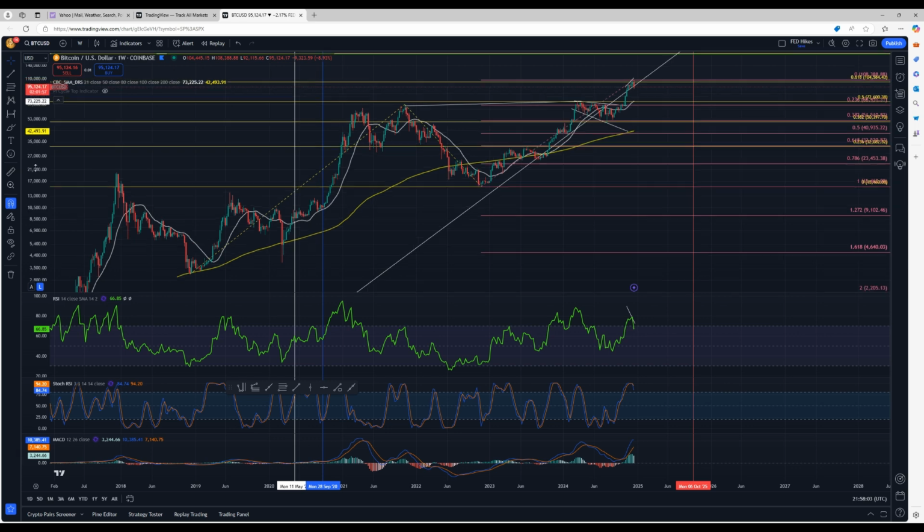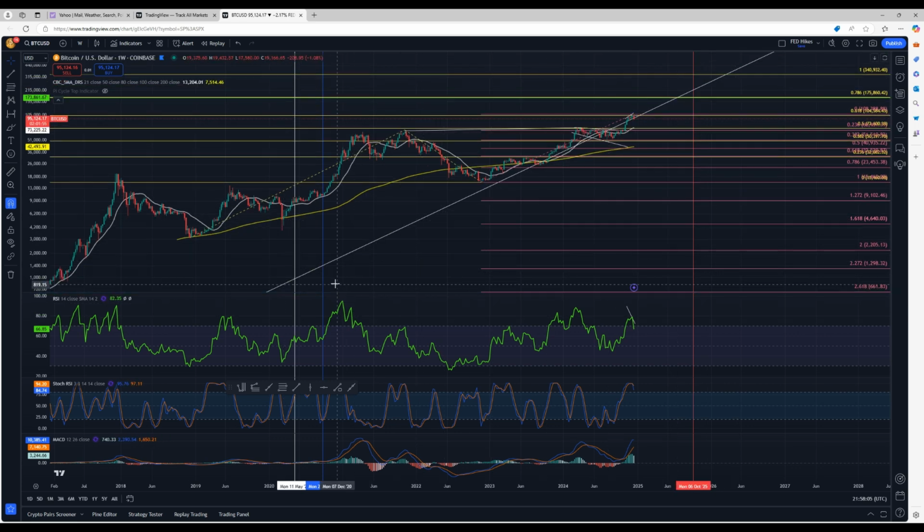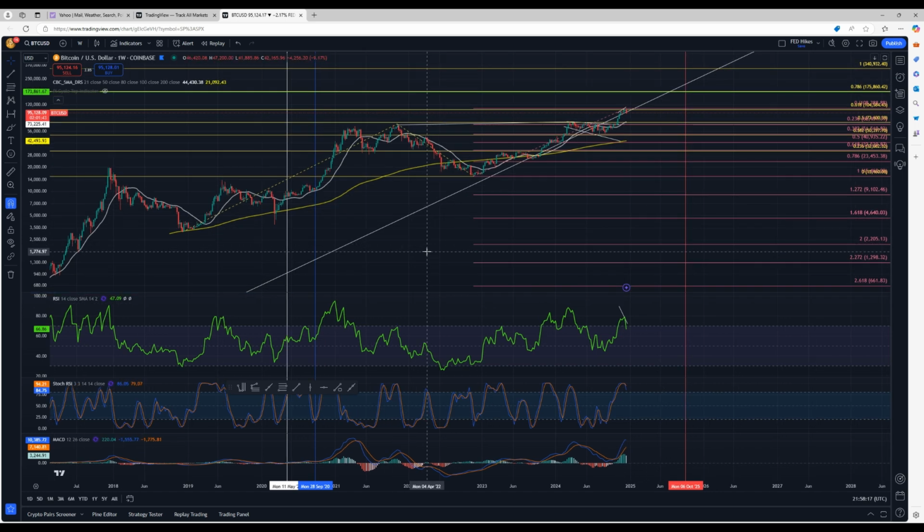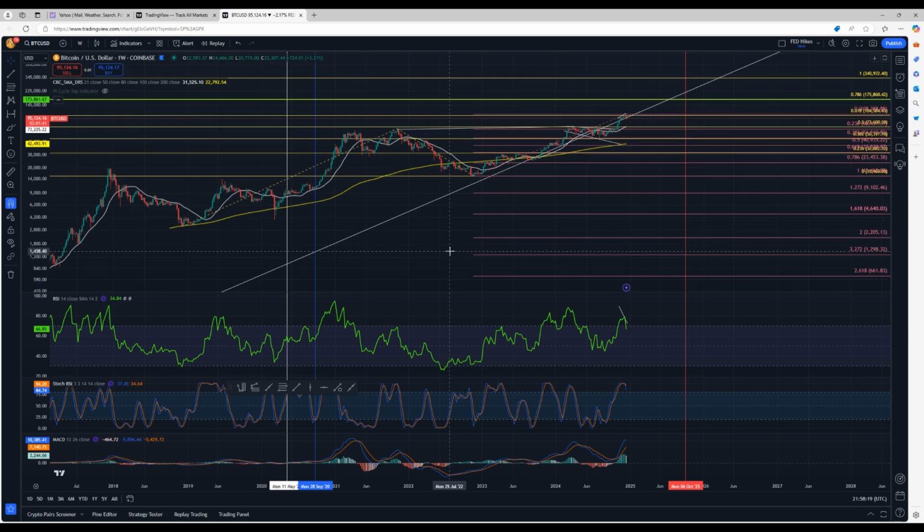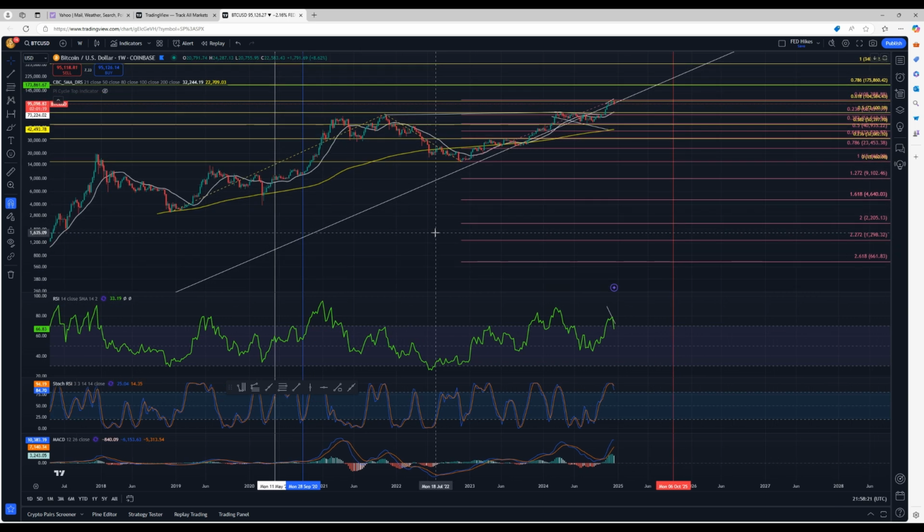The only thing that's worrisome here is the fact that this top looks eerily similar to this top and this top. It seems like Bitcoin front ran any kind of turmoil that the stock market might be getting ready to go through, and all the signs are showing it. It's bearish everywhere. It's just nothing's played out yet.